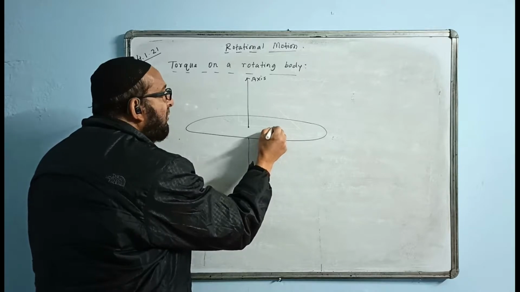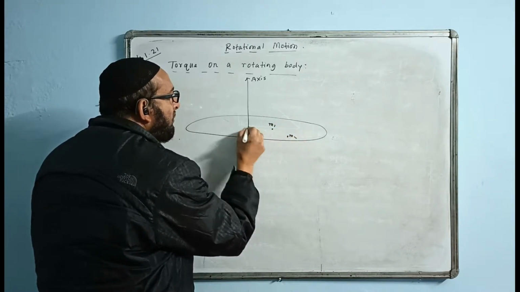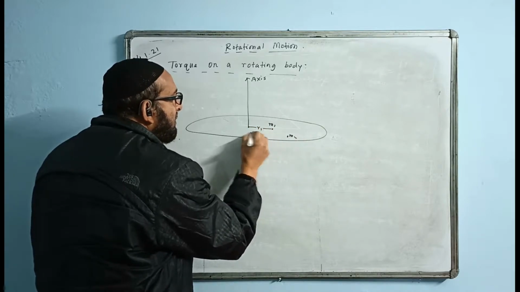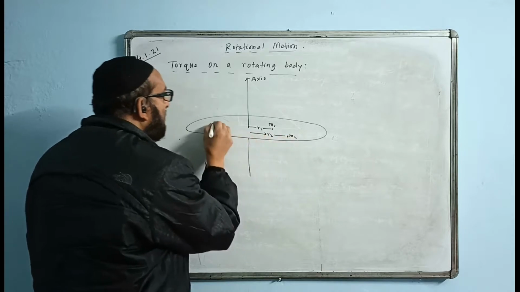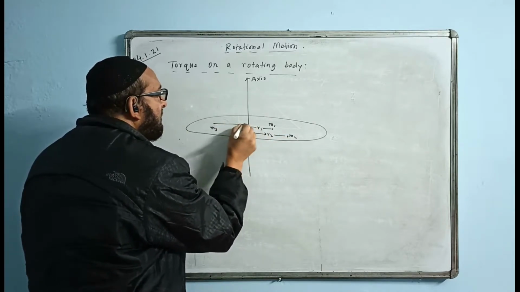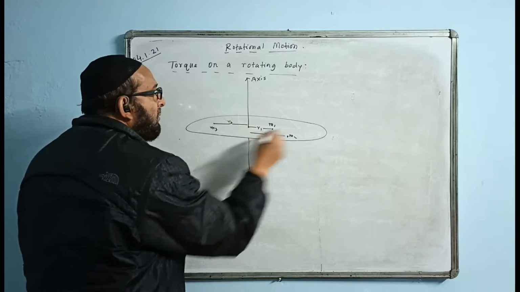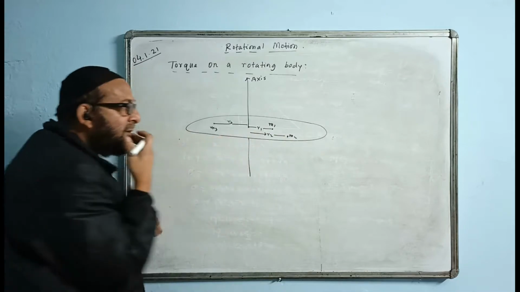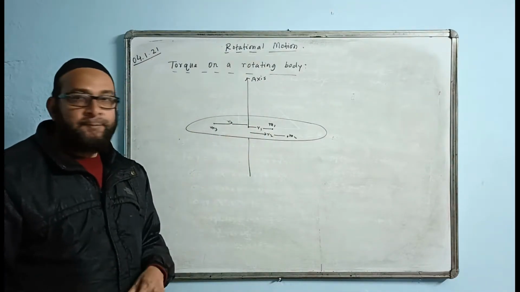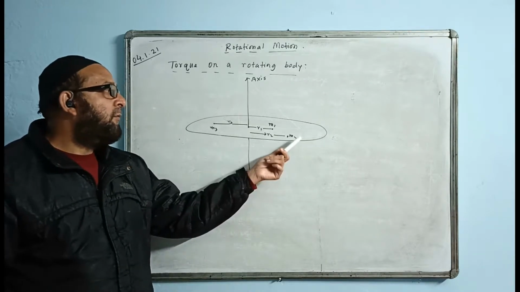Suppose it consists of masses m1, and here another mass m2. The distance of this mass from the axis is r1, the second one's distance is r2, maybe m3 here, its distance is r3, m4 and so on. There are so many masses; these are the particles of this body.